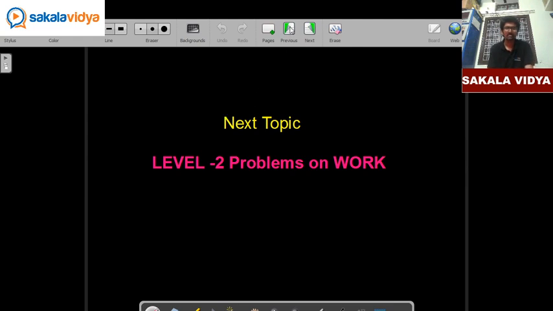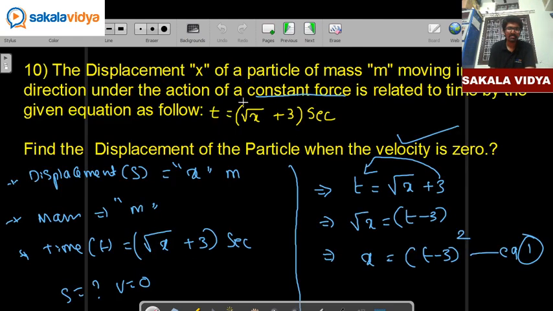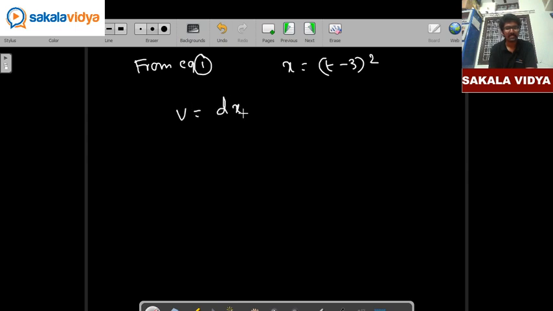So from equation 1, x is equal to t minus 3 whole square. If you do differentiation with respect to time, velocity is nothing but dx by dt. So if you do differentiation for this equation 1, we are going to get velocity.